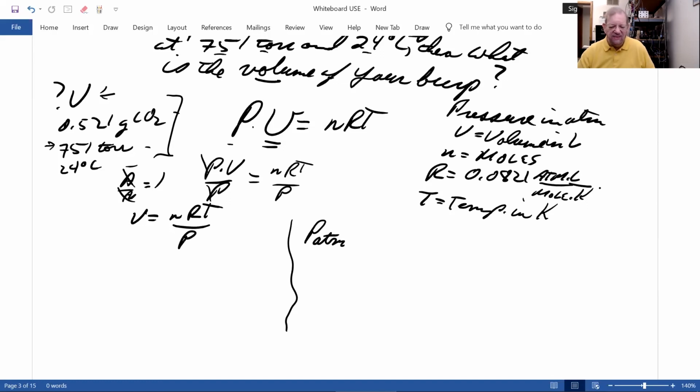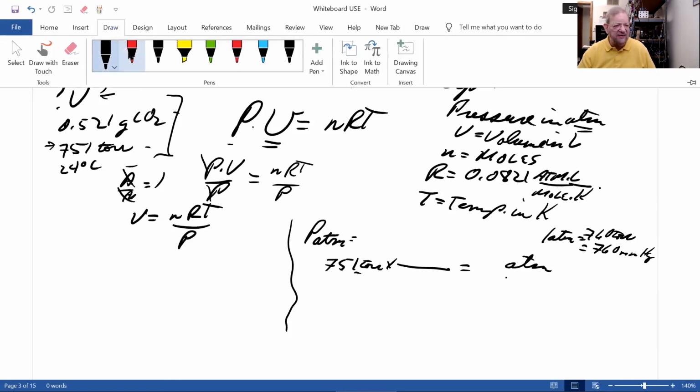You'll be given one atmosphere equals 760 torr equals 760 millimeters of mercury. So how do I go from what I have, 751 torr, to atmospheres? Well, here's what I'm starting with. Here's what I'm ending up with.